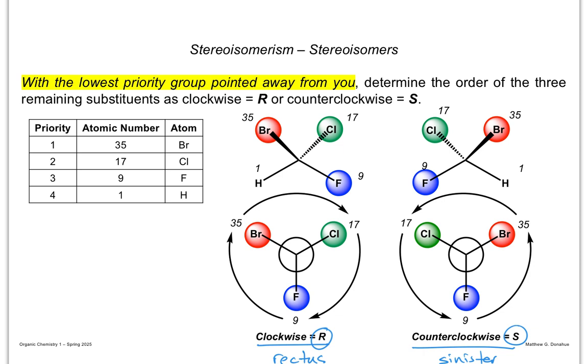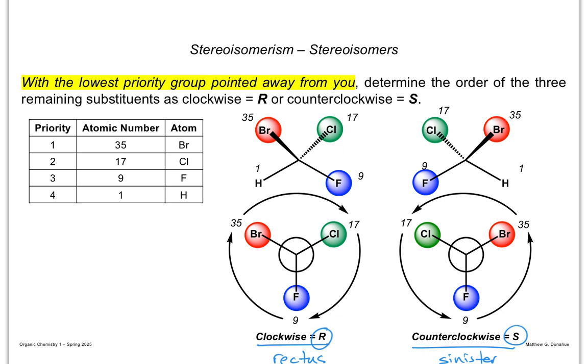If the lowest priority group is towards you, you're still assigning that priority, and then whatever direction you figure out, you just flip it. Because if you do it now, it's going to be S, so you just flip it to R. But if you have the model, you stick the lowest priority group away from you, you'll always get it right.